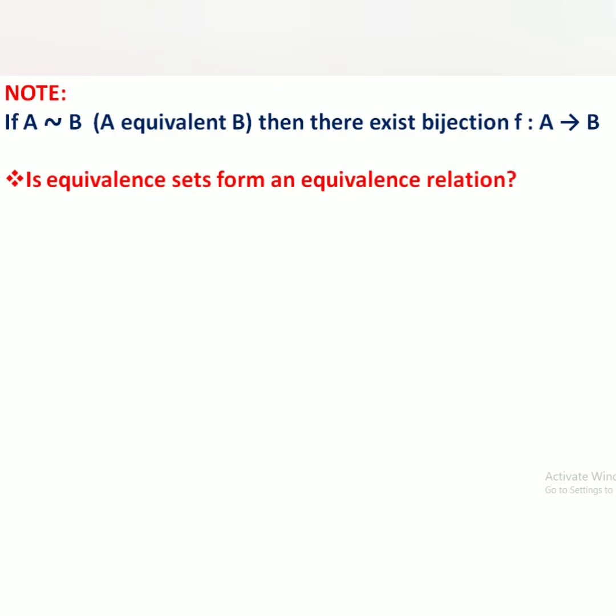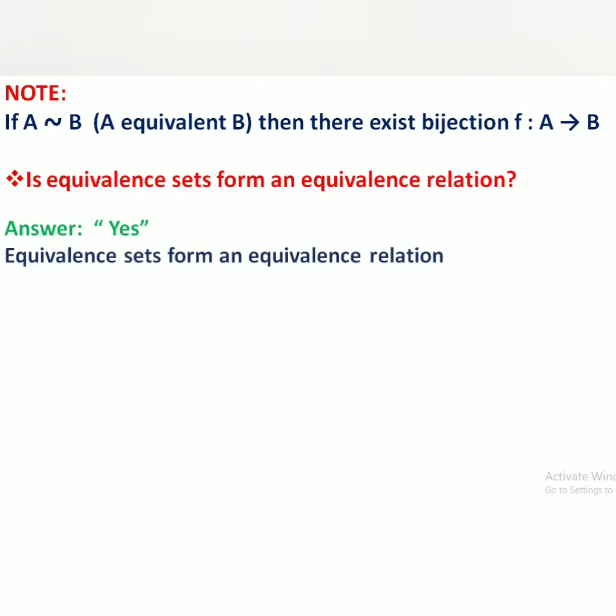Next, the question arises. You already studied the equivalence relation. A relation is said to be an equivalence relation if it is reflexive, symmetric and transitive. Now the question arises: do equivalent sets form an equivalence relation? Definitely the answer is yes.